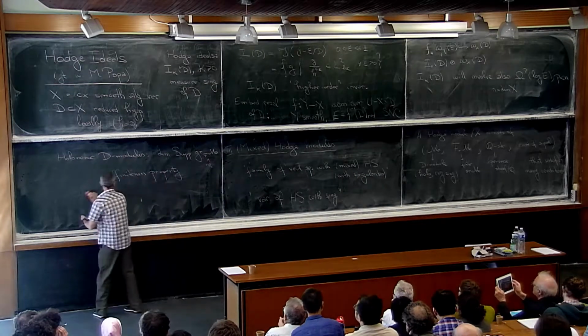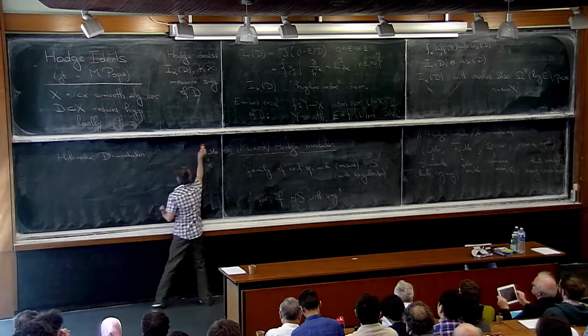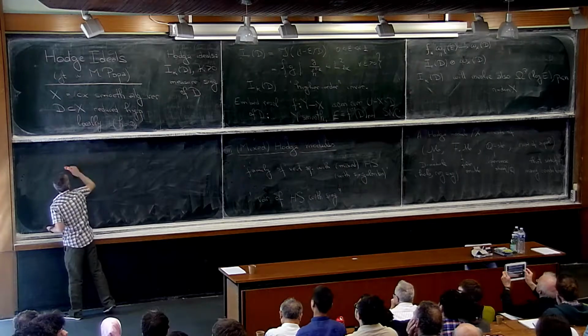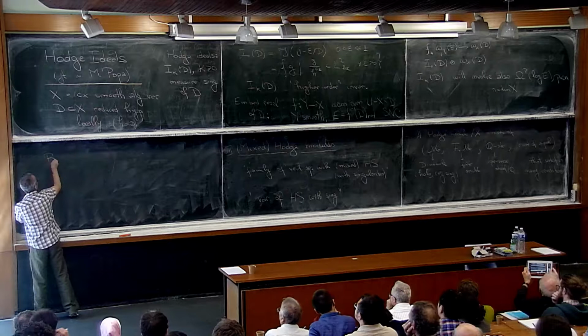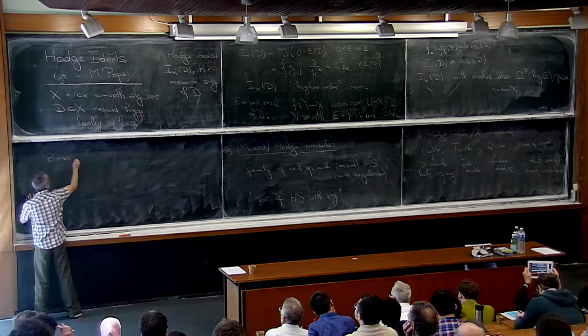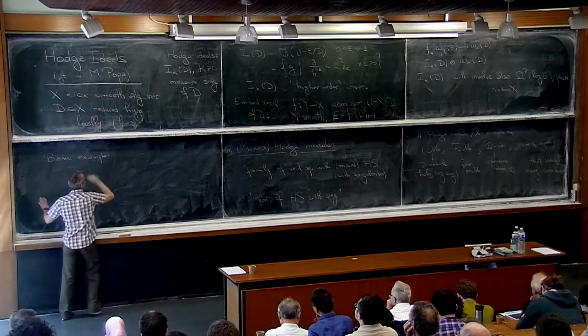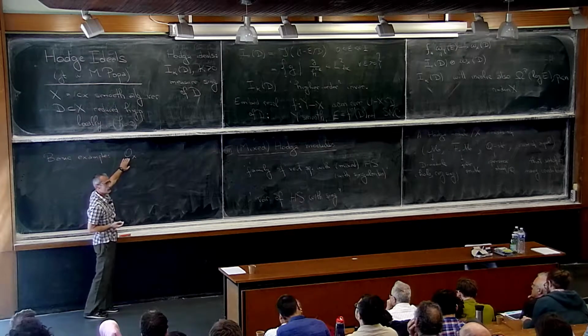This is the only example that you start with, and then via functors, you construct others. So the basic example is this one. You have the D module, which is just the structure sheaf.